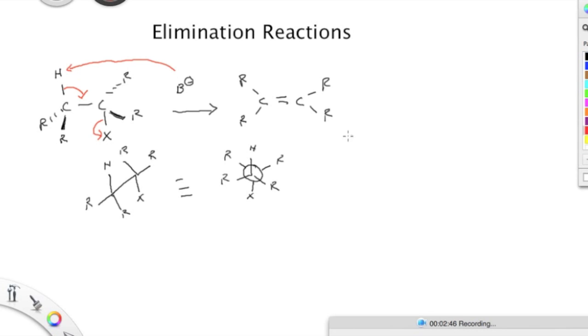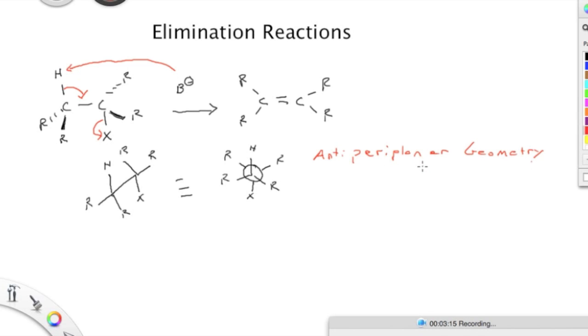So for E2 reactions, we must have this anti-periplanar geometry.